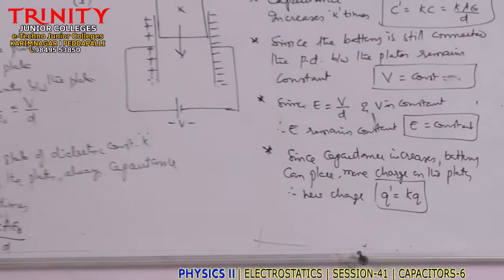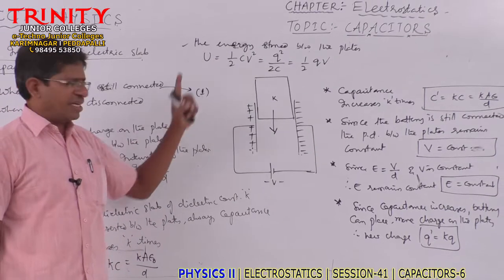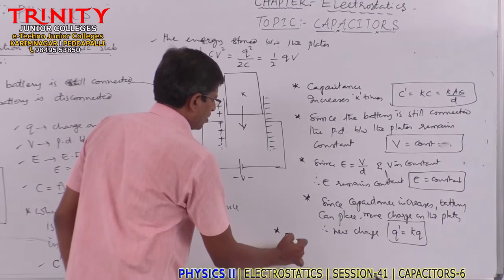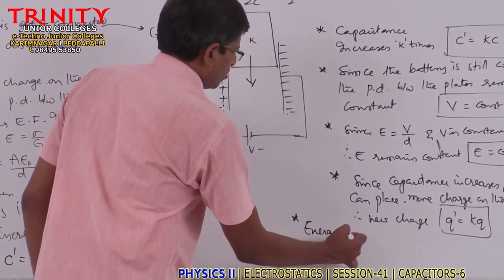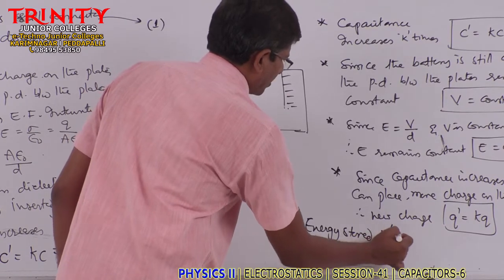Q we discussed, V we discussed, E we discussed, capacitance we discussed. Now let us discuss the energy stored. The last point is what will happen to the energy stored? Which formula do you have to use to understand this? Energy stored, let us suppose U dash.